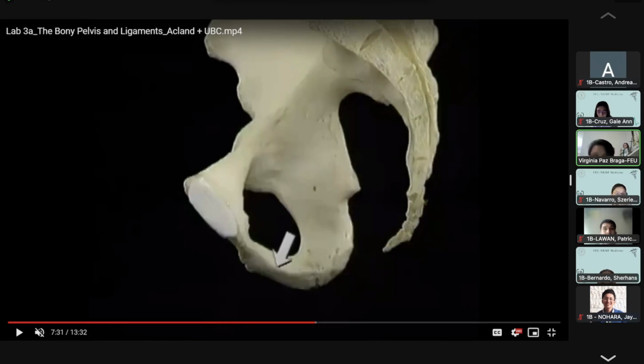Pubic arch po ba? Parang hindi lang arch eh. Parang may galamay siya. They call it a ramus. Ischiopubic ramus. Pero meron siya ha. Try to look at the picture and then identify. That's a ramus. Okay? Sige.